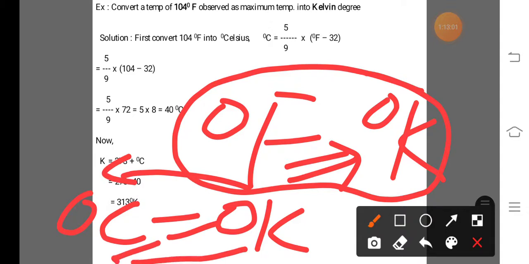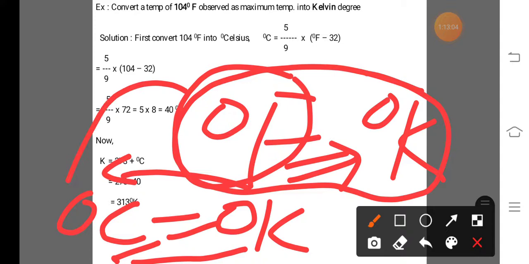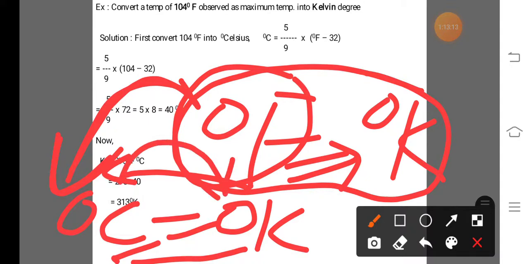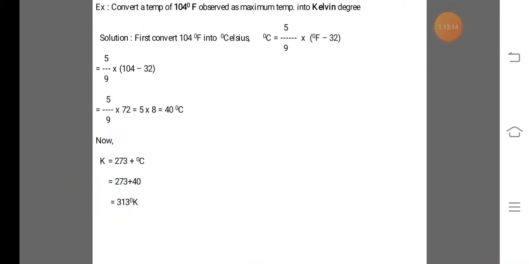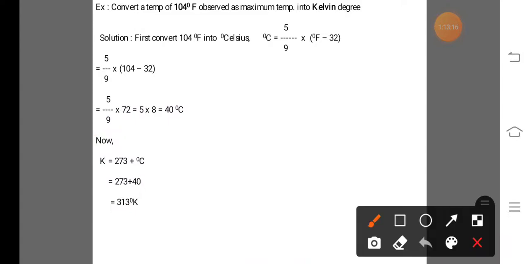That means here we first find out the Fahrenheit scale into degree Celsius, and after that degree Celsius is converted into degree Kelvin. For that we see one example. 104 degree Fahrenheit is the maximum temperature and it is converted into Kelvin degree.